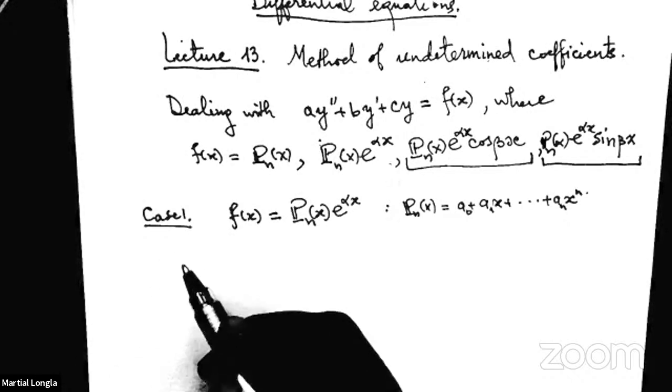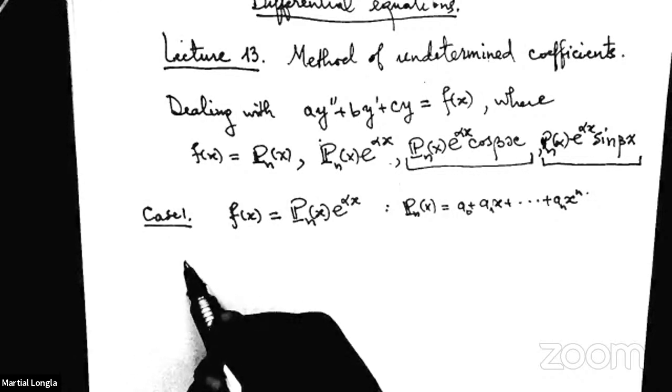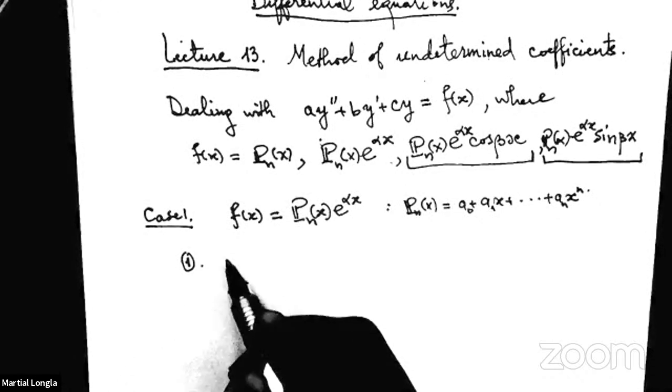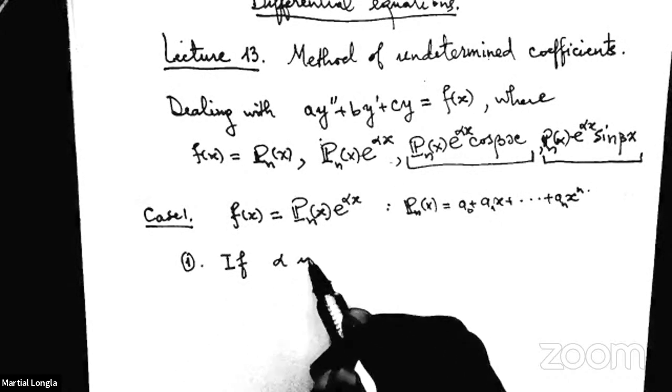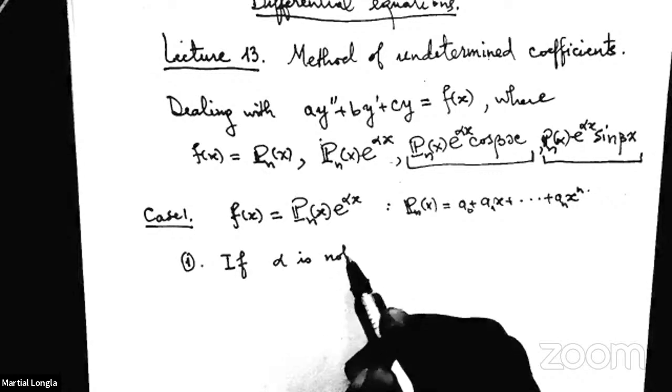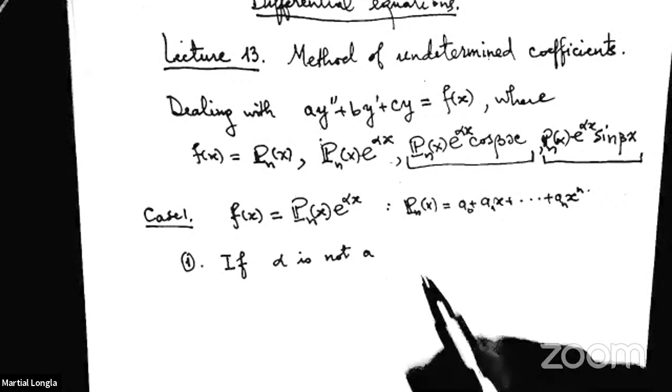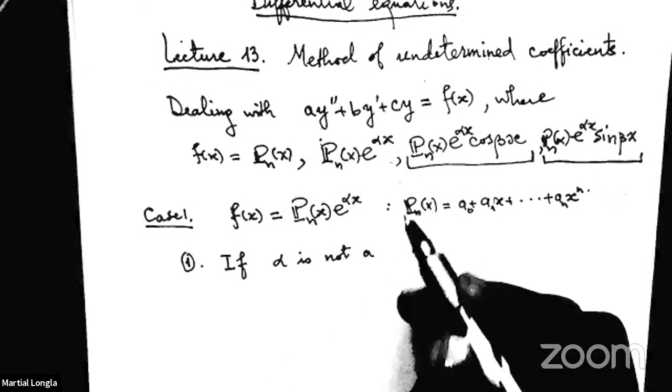Now, how do we solve this? We say there are two cases: when alpha is not a root and when alpha is a root.